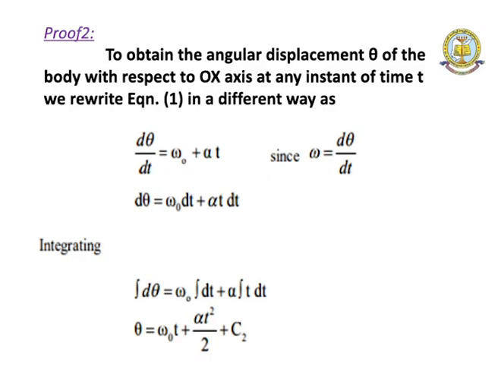So theta is equal to omega naught t plus alpha t square by 2, that is the second equation. Okay, so theta is equal to omega naught t plus alpha t square by 2, that is, omega naught t plus half alpha t square. This is the second proof.